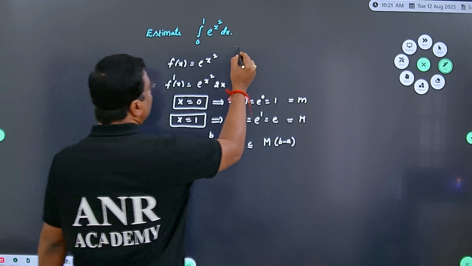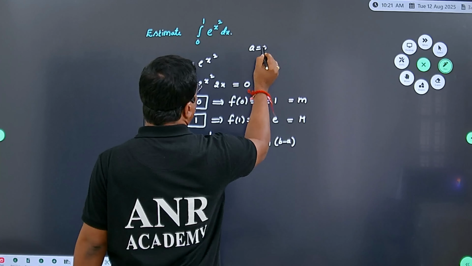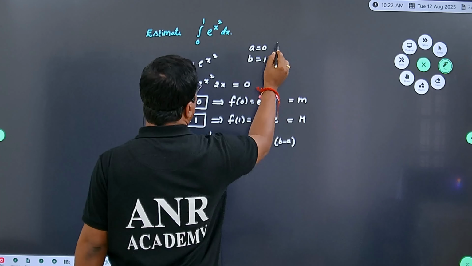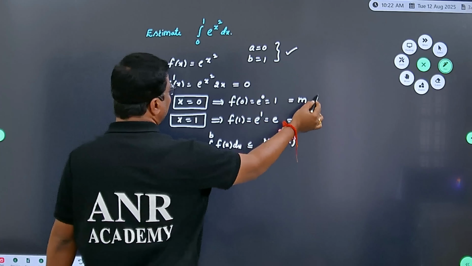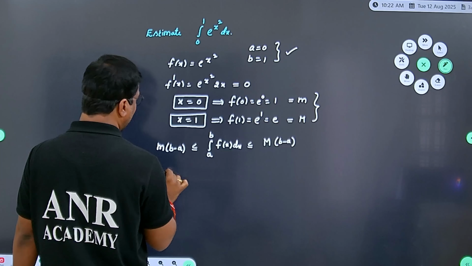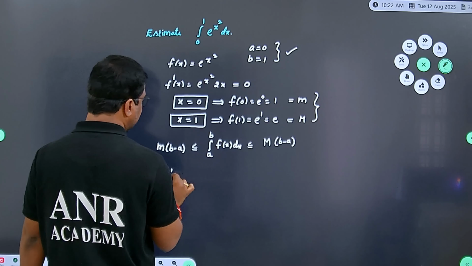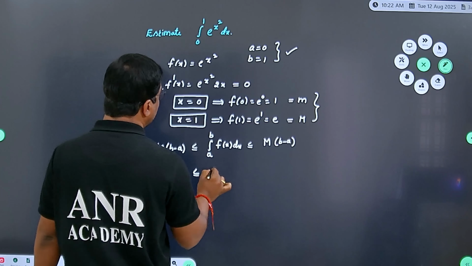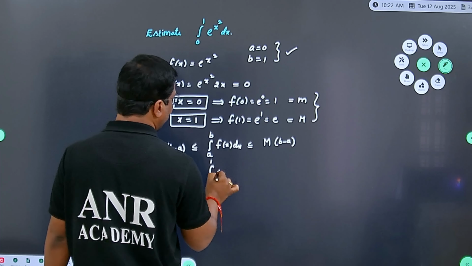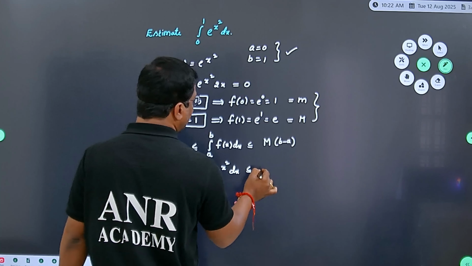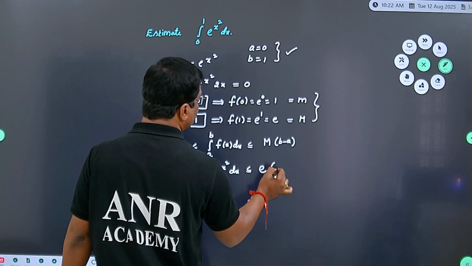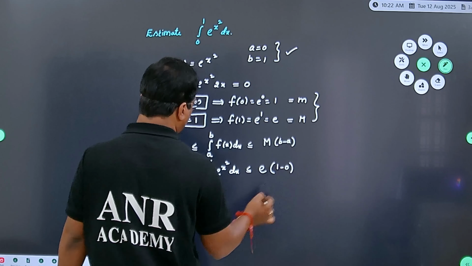Here the lower limit a is 0, the upper limit b is 1. Substituting in this, already you have the small m and capital M values. Small m is 1, b minus a, that is 1 minus 0, less than or equal to integral 0 to 1 e to the power of x square dx less than or equal to capital M, that is e, times b minus a, value 1 minus 0.